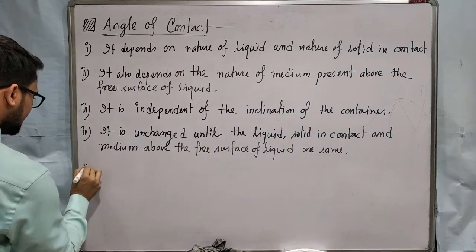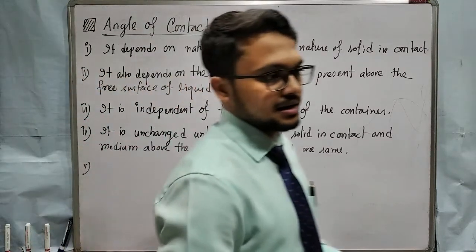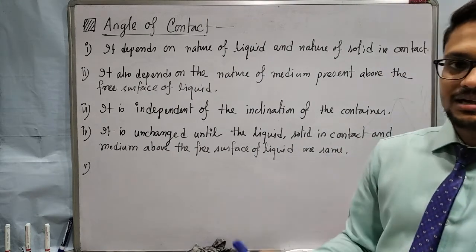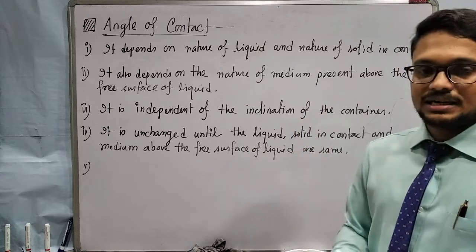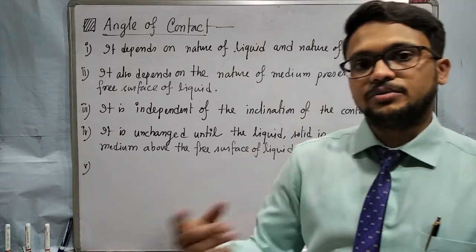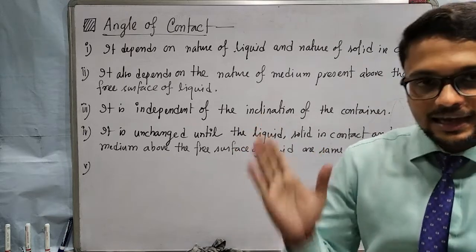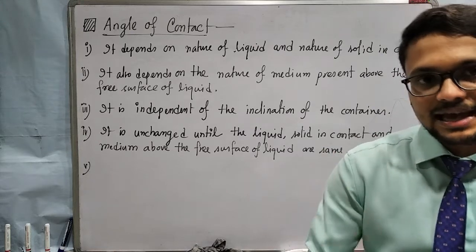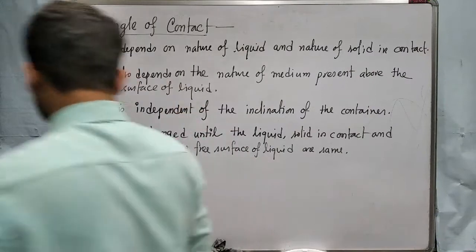Okay, point number 5. Now come to the thing where the liquid will wet the container or not. In case of water and glass, the water will wet the container. So if the angle of contact is less than 90 degrees, that means the angle of contact is acute, then it will wet the container.